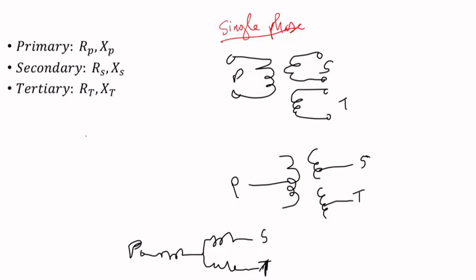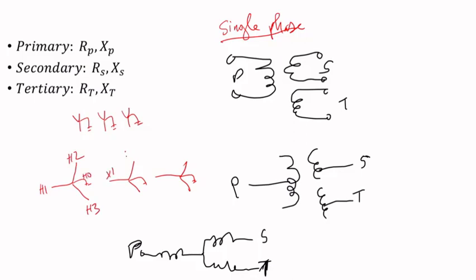Let's say you have grounded Y, just for simplicity. So you have a Y with a neutral, another Y, and another Y. If the high side is H1, H2, H3, this would be H0.